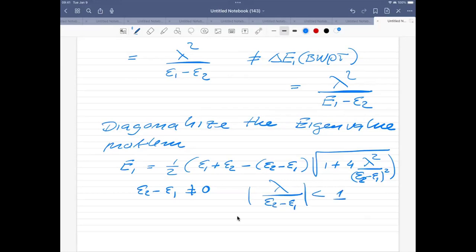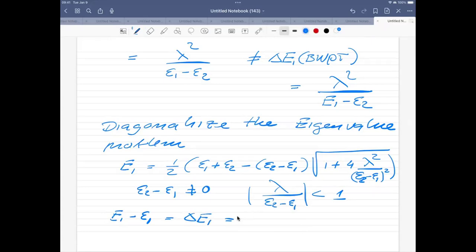So if we then Taylor expand this quantity, what we got then, when we looked at the energy E1 minus epsilon 1, which is the delta E1, when we Taylor expand the square root, we get this one to be equal to, and then I have a term plus, so sorry, not epsilon 1 here because I shifted that over.